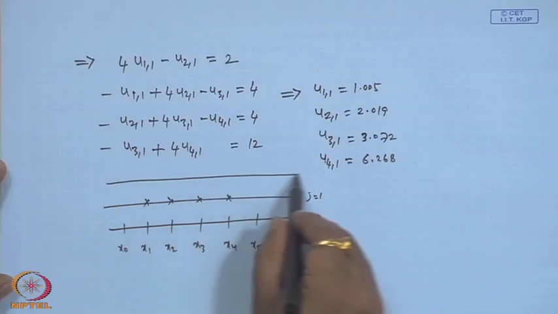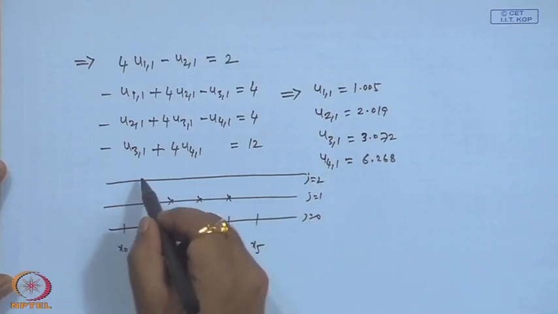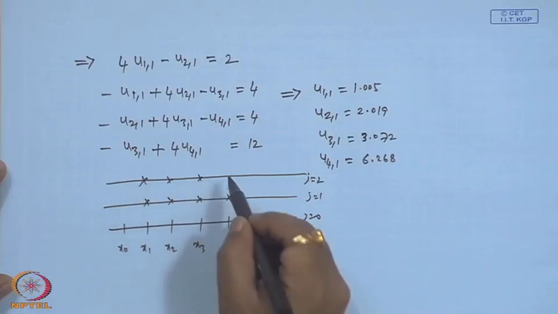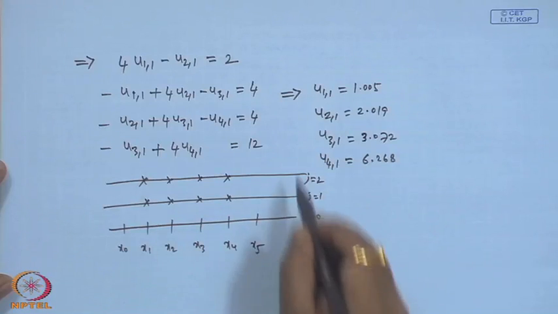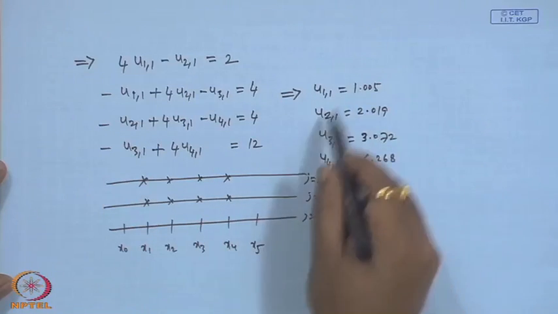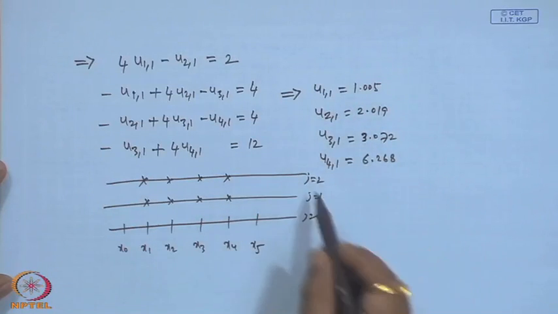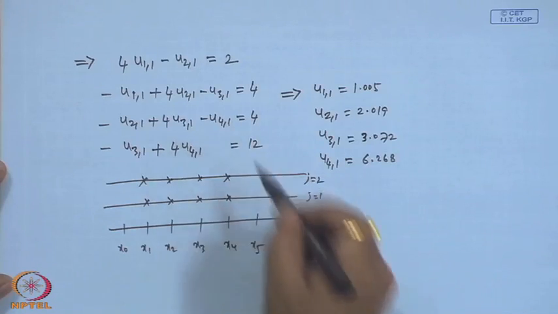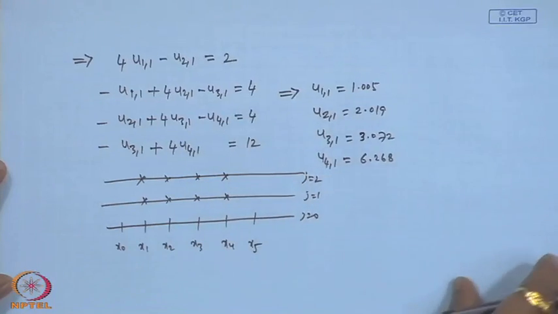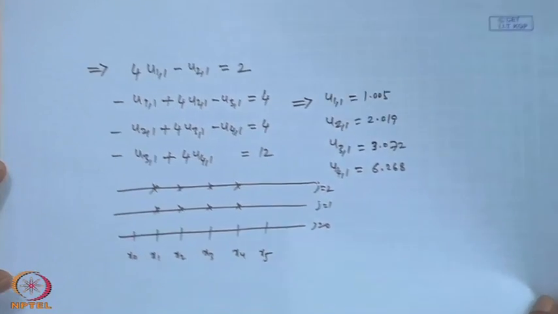If one wants values corresponding to j equals to 2, we can use these computed values and compute at j equals to 2. So, we can do the march past like this, okay, with time step. So, this is an implicit scheme. Okay.